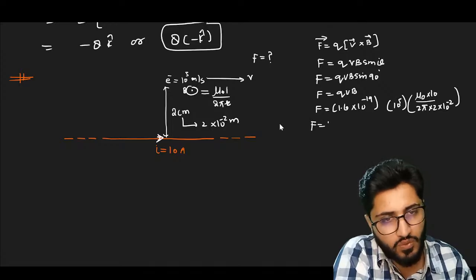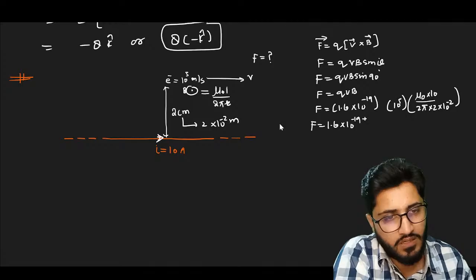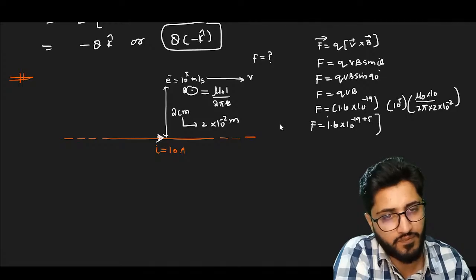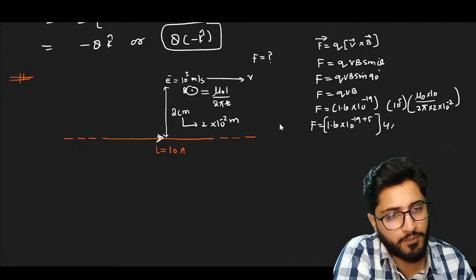F equals 1.6 into 10 to the power minus 19, into 10 to the power 5, into mu naught, which is 4 pi into 10 to the power minus 7, into 10, whole divided by 2 pi into 2 into 10 to the power minus 2. 2 2s are 4, the 4s cancel, pi pi cancel.